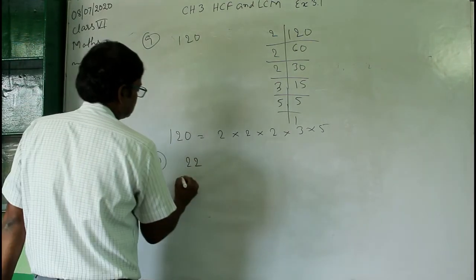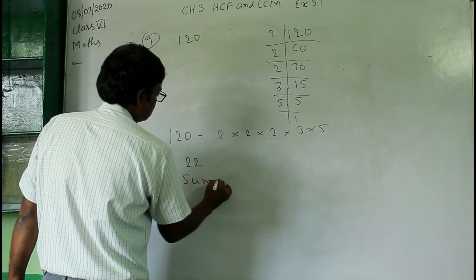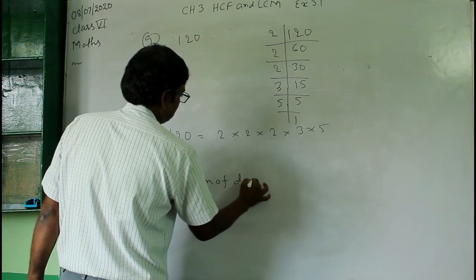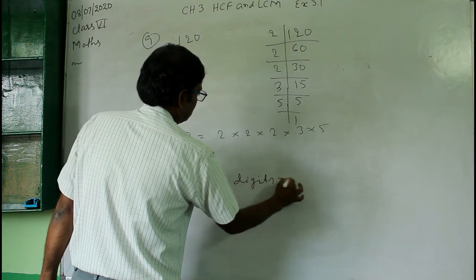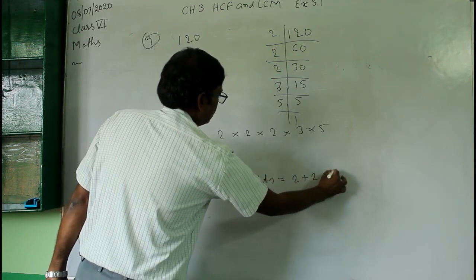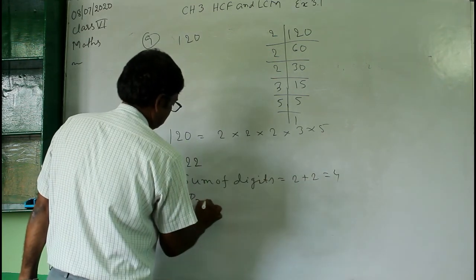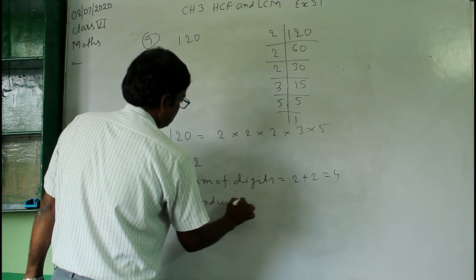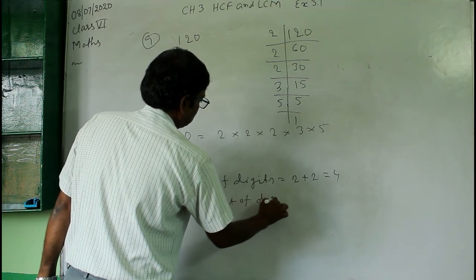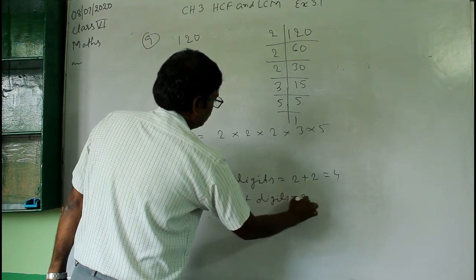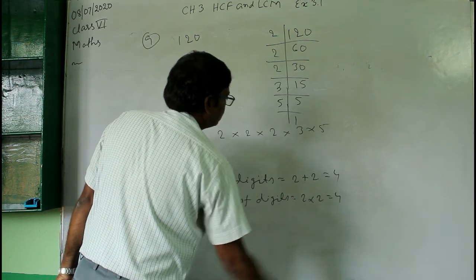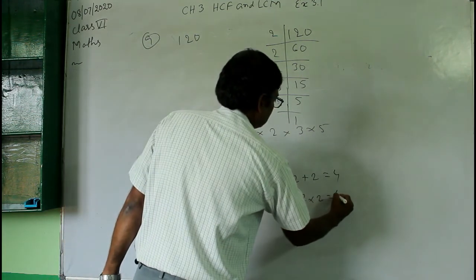In this, sum of digits equal to 2 plus 2 equal to 4, and here product of digits equal to 2 into 2, that is also 4. So this is the number.